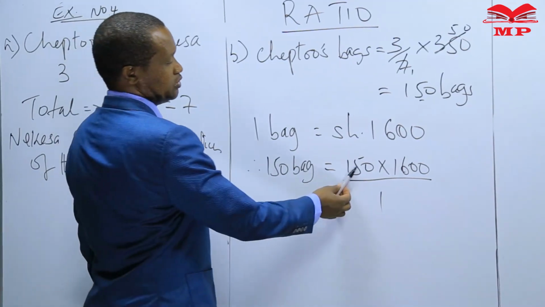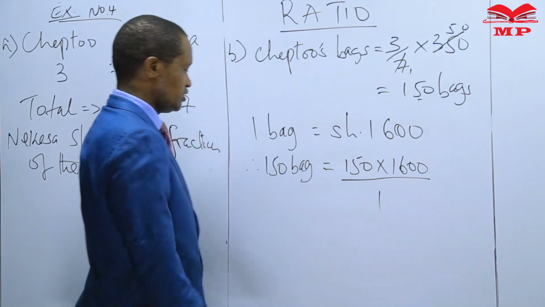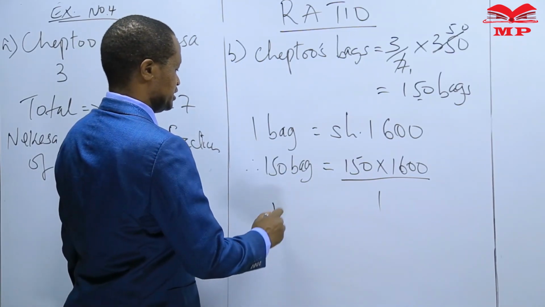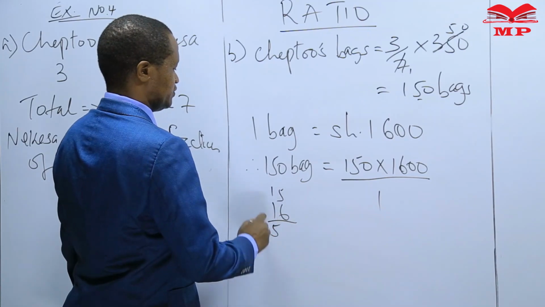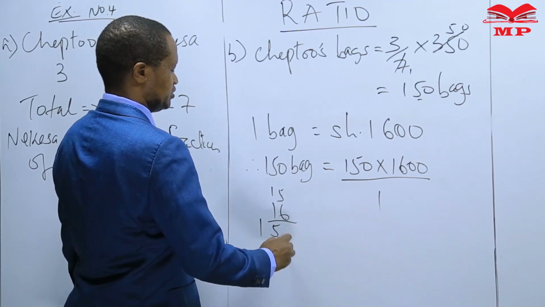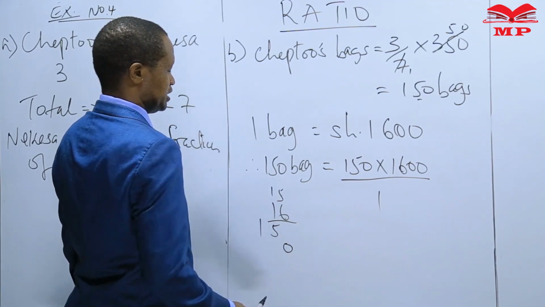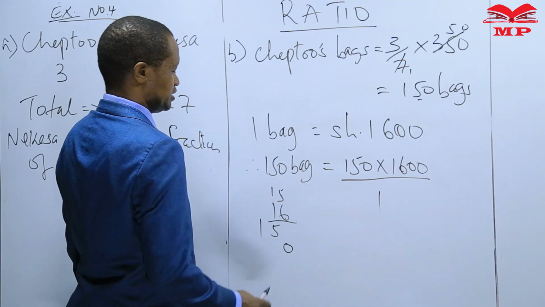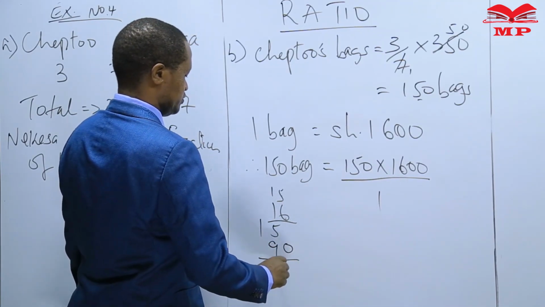So 150 times 1,600. We have here 16 times 15: 5 times 6 is equal to 30, 0 carry 3, 5 times 1 is 5, plus 3 is 8, then 1, 5, giving us a total of 240.